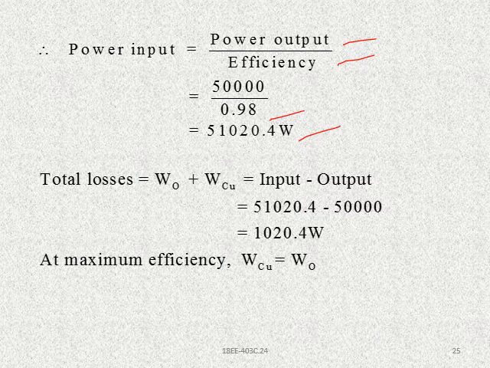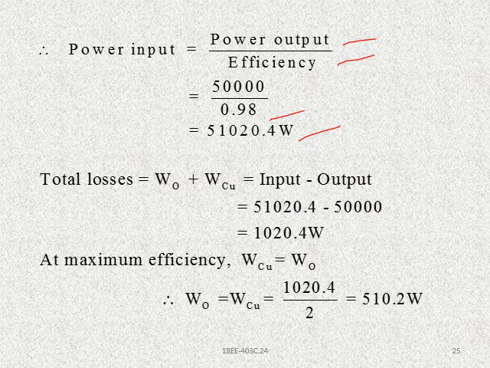So here at maximum efficiency WCU is equal to W0. So W0 and WCU are the same, so the total is 2 times one loss, so 1020.4 by 2 gets you 510.2 watts. So each loss, iron and copper, will be 510.2 watts.